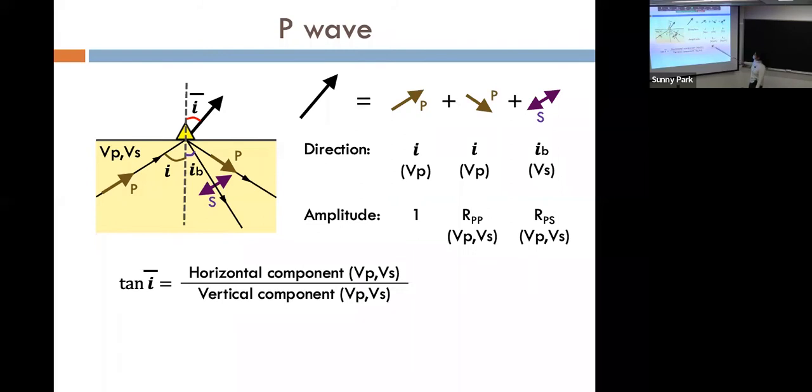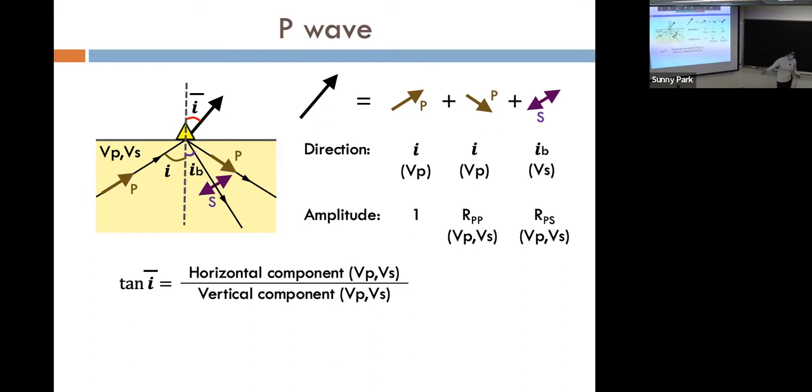So you can basically do amplitude times sine, amplitude times cosine, and sum them all up. That would be horizontal, and you can do cosine and get the vertical. The point is that because the amplitudes are functions of Vp and Vs, each of these terms is a function of both Vp and Vs.